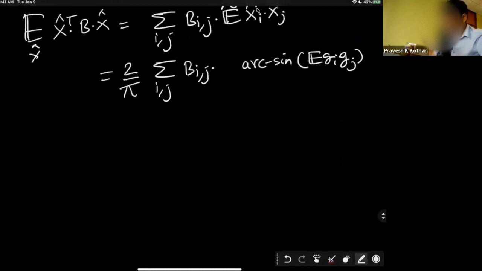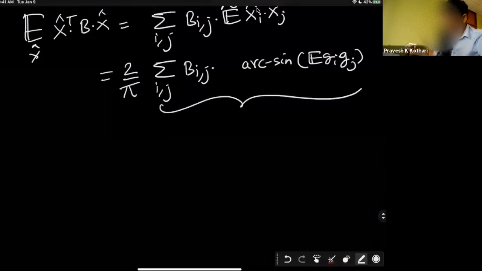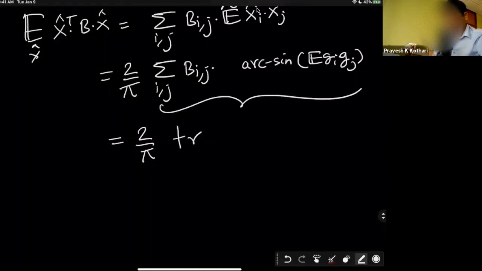Now, this equals, again, something that you did on your homework, the trace of the matrix B times the matrix arc sine E G G transposed, and these should be square brackets.